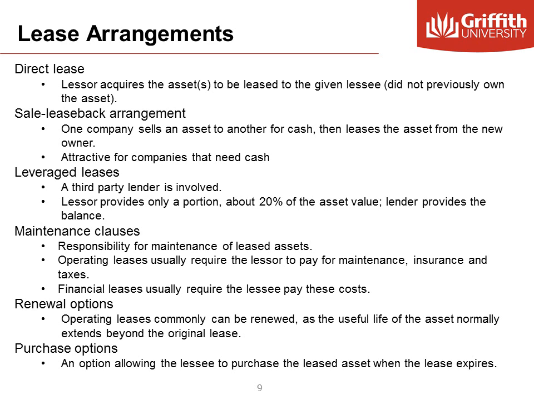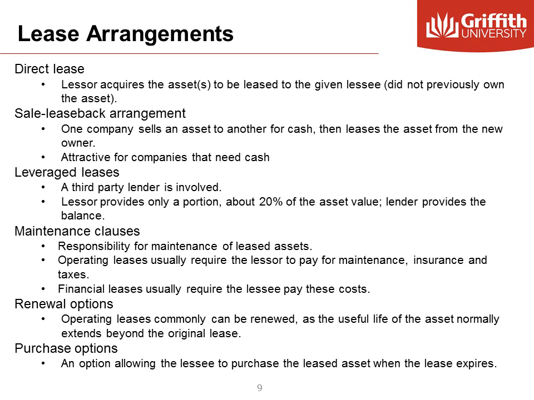We also have sale-leaseback arrangement, when one company sells an asset to another for cash, then leases the asset back from the new owner. This form of lease is attractive for companies that need cash and are willing to exchange a promise to make periodic lease payments for immediate cash.